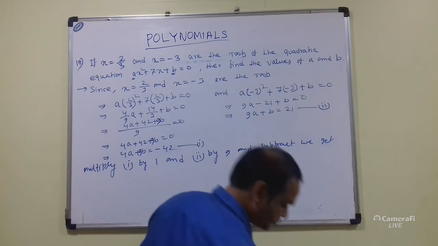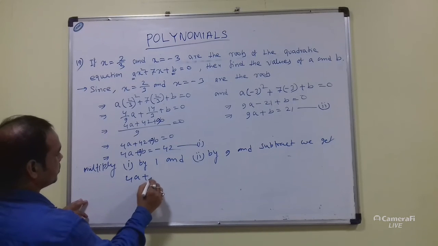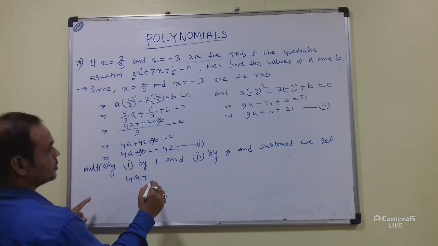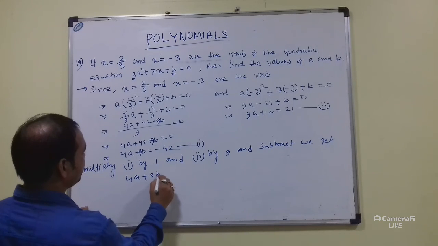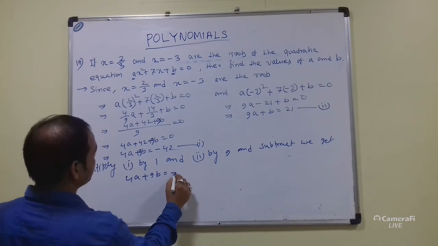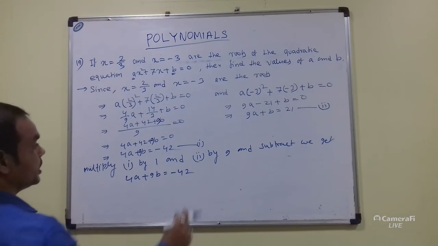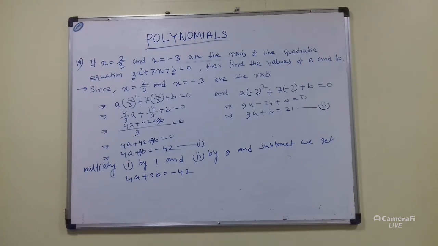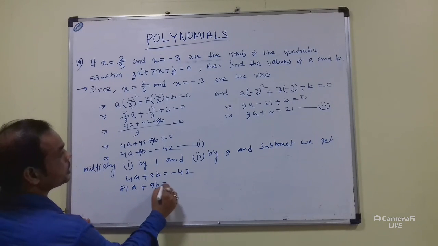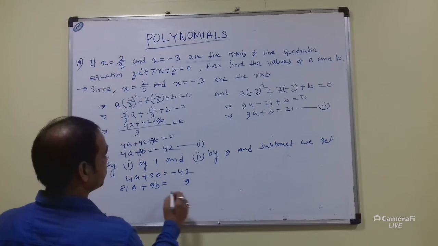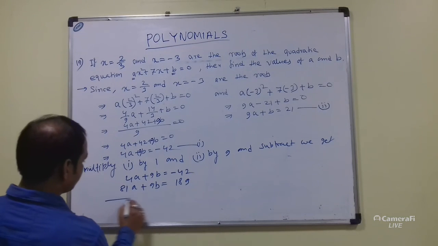We get 4a plus 9b is equal to minus 42 and equation 2 is 81a plus 9b is equal to 189. Now subtract it.